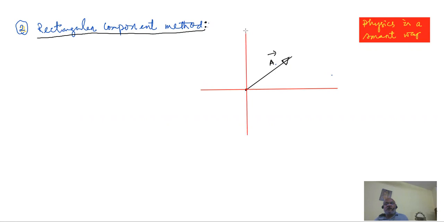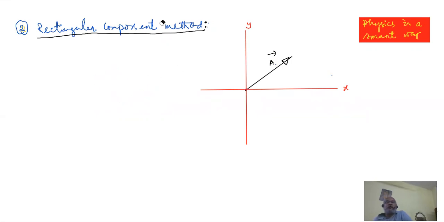Especially we are interested in planar geometry here. X and Y need to be normal to each other. Otherwise, you will have serious complication and that can be detrimental. But it is not necessary that I take X horizontal. I may take X like this and normal to X, you will have Y. Why it is so, you will know automatically, but not now.